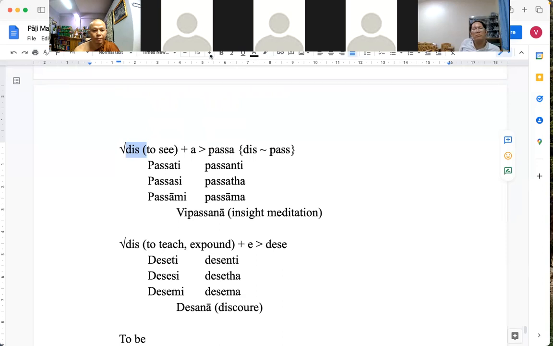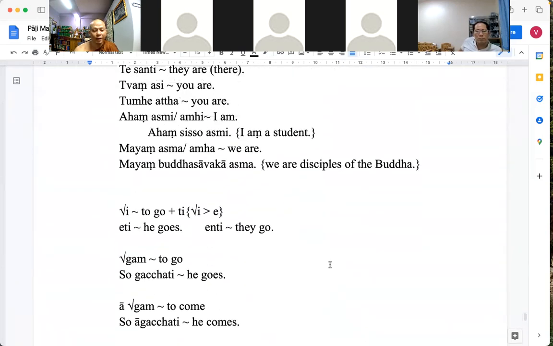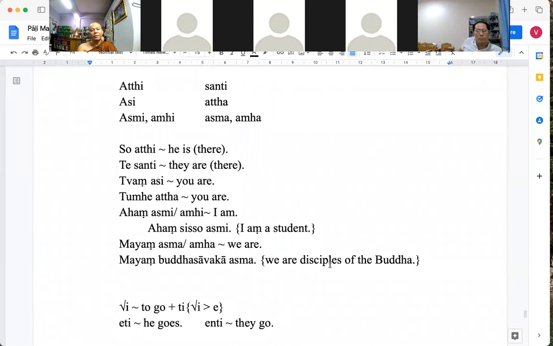Thank you for your explanation. Okay. And how about the verb, the root I, which means go? Root E. Okay. Yeah.